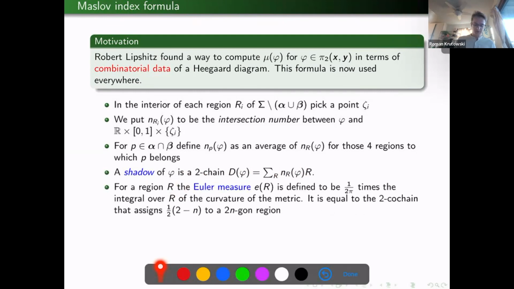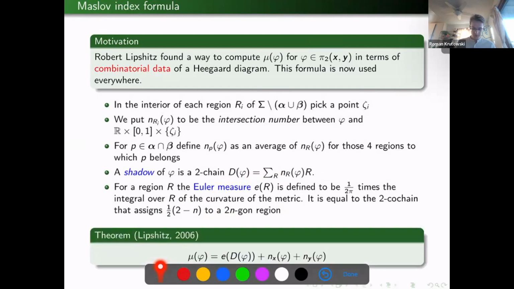For any region, we can define its Euler measure by computing its curvature with respect to the metric that we chose in the very beginning, and this would assign to m-gon regions a number like this, and we extend this Euler measure to any shadow D of phi by linearity with respect to such decomposition.